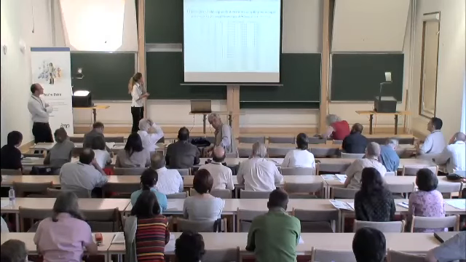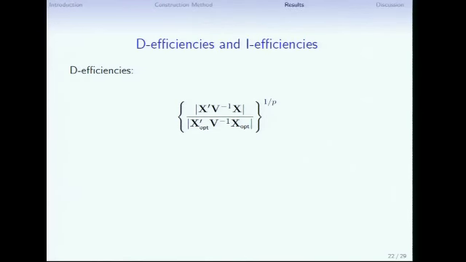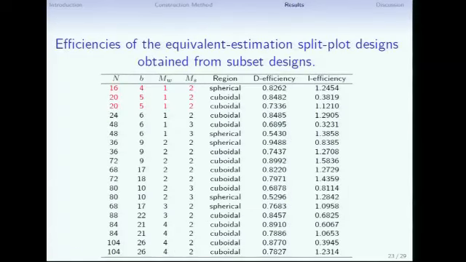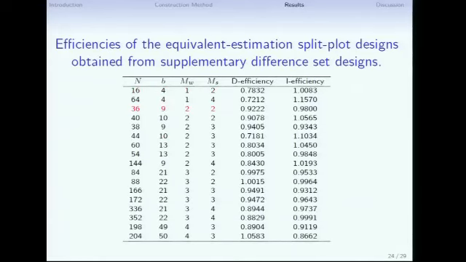Can you go back to the definition of D efficiency? Let me go to the table where you have shown efficiency. Yeah, the last one is 1.0583.